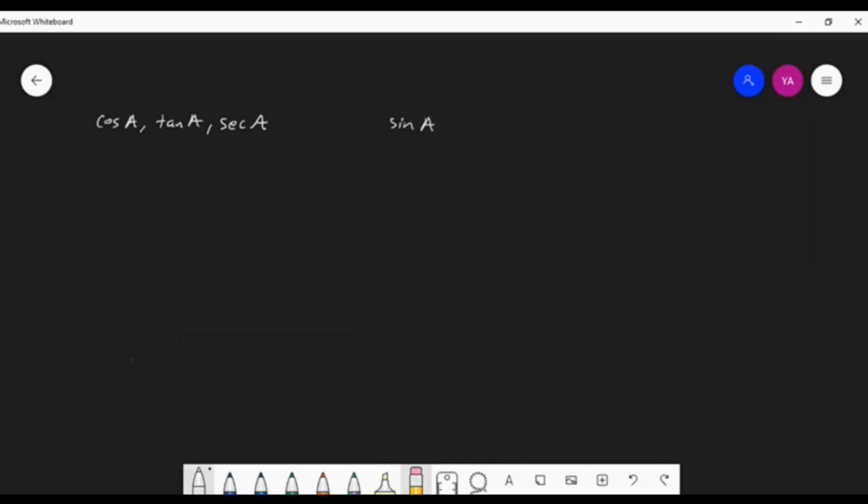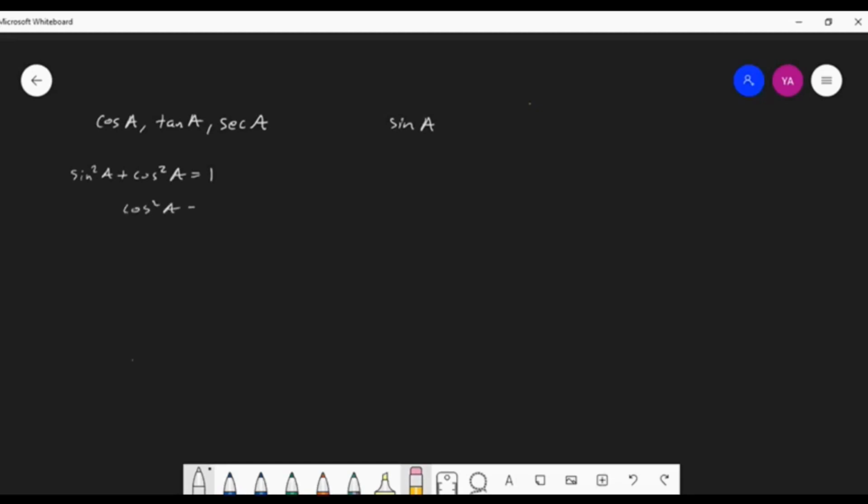So I think we can start with the cos. How can we express cos A in terms of sin A? We can apply the identity sin square A plus cos square A is equal to 1. So what will be cos square A?